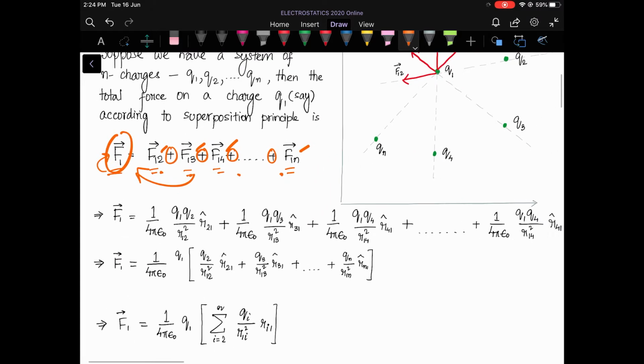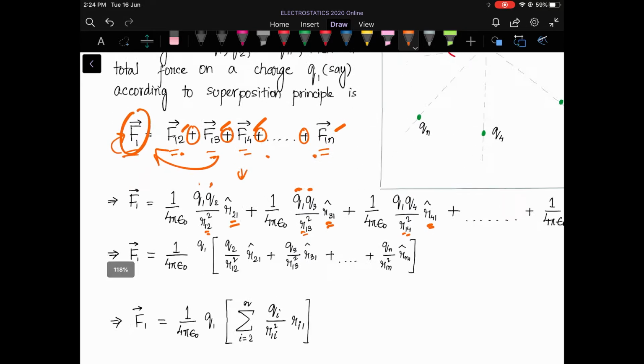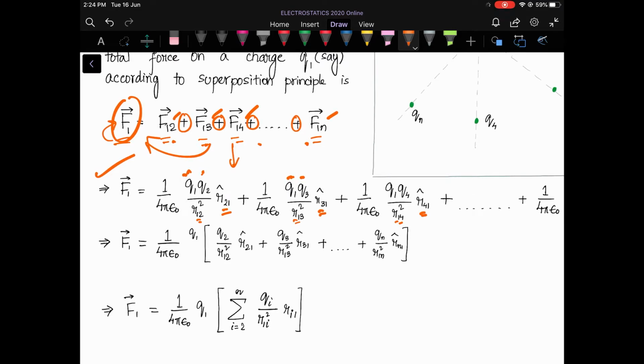Let's expand this formula. When we expand this, we are going to get this with all the unit vectors in their correct places, with all the distances of the charges from the first charge, and of course the magnitude of the product of the two charges. Now in all the terms you can see q1 is common and 1 by 4 pi epsilon naught is common. However, this part is not common.